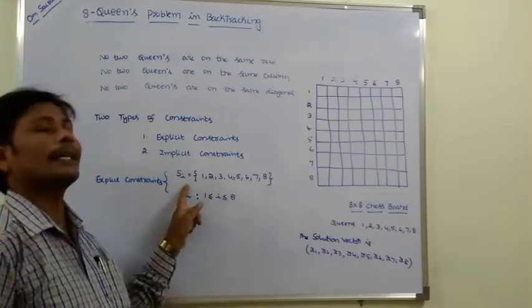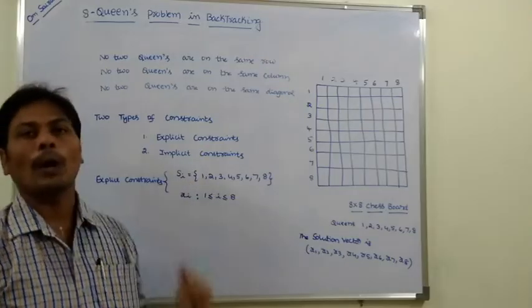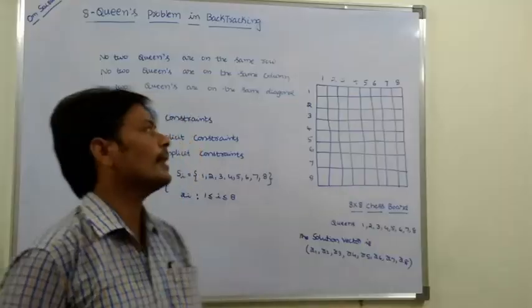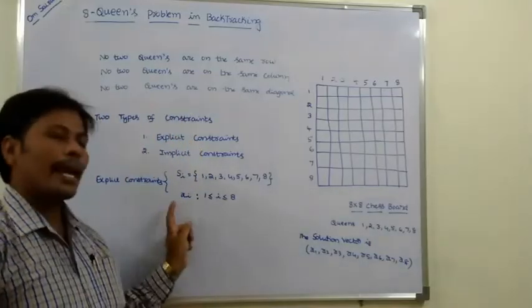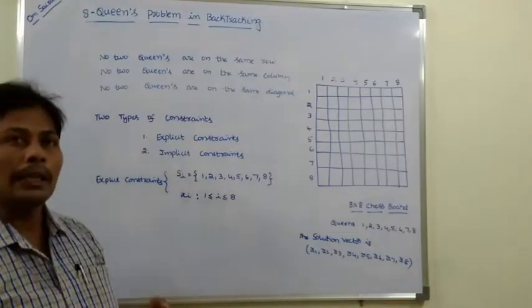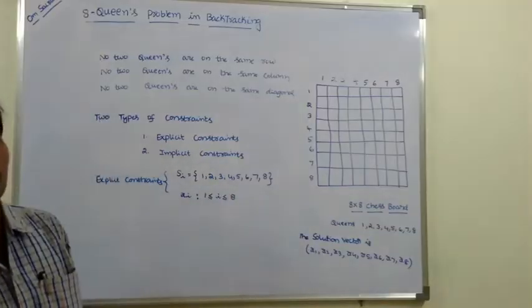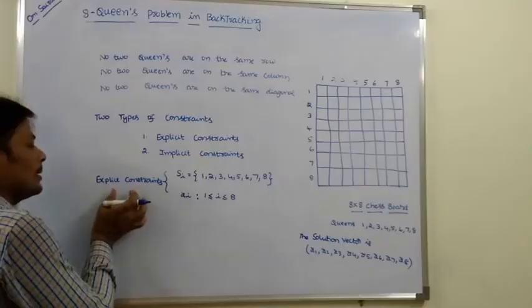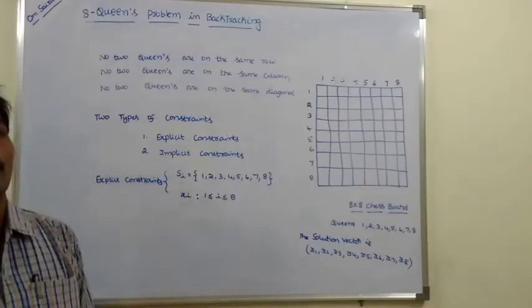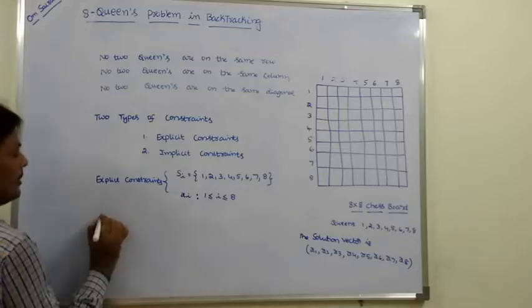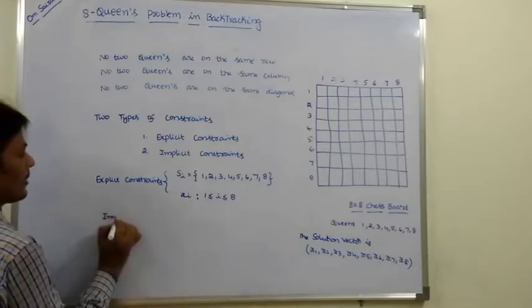The given set contains only the 8 column numbers, that is 1, 2, 3, 4, 5, 6, 7, 8. Each xi takes on values from a given set from 1 to 8. So these constraints are called explicit constraints.